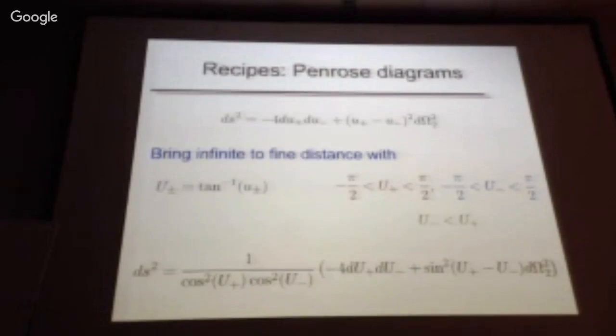If I start with that metric, I can now bring infinity to a finite distance. For that, I can use a trigonometric function, the arc tangent function, and then I bring infinity to pi over 2. The metric now looks like the form below.